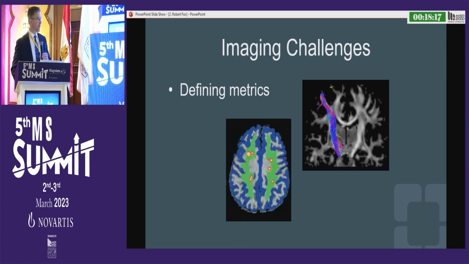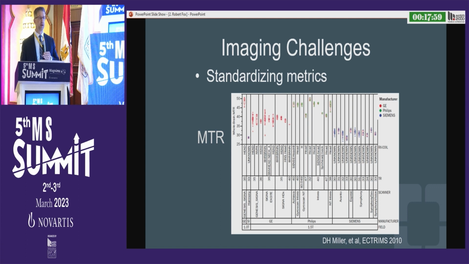Similarly, this is an MTR measure, and where on the brain are we going to look? Do we look in the lesions? Do we look in the normal appearing brain tissue? Do we look in the whole brain? So standardizing this, and again, this goes back to the previous talk, standardizing these quantitative imaging measures is a very important aspect. This is MTR at baseline in patients in a multi-center clinical trial, looking at the average whole brain MTR.